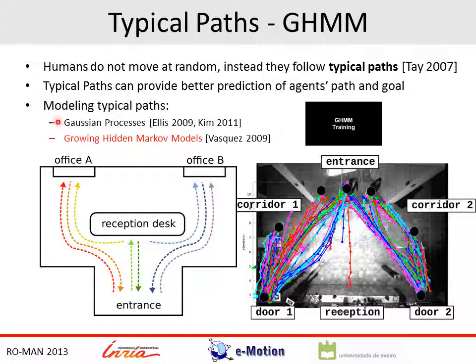Two known techniques are the Gaussian process and the growing hidden Markov models, which is the technique used in this work. Here you can see an example of the typical paths in the environment, and here you can see the recorded trajectories of persons at the entrance of a building, and it's easy to notice that the paths are commonly traveled.